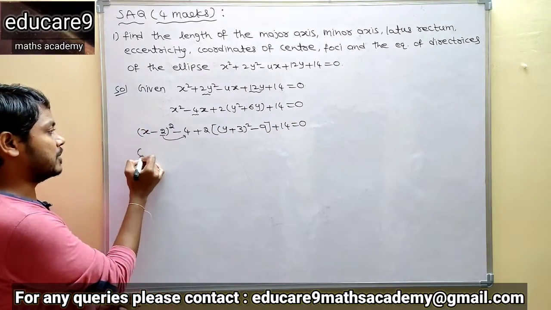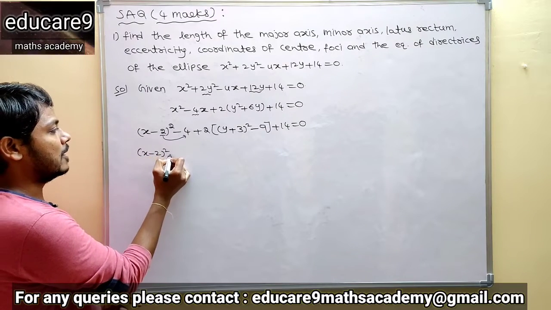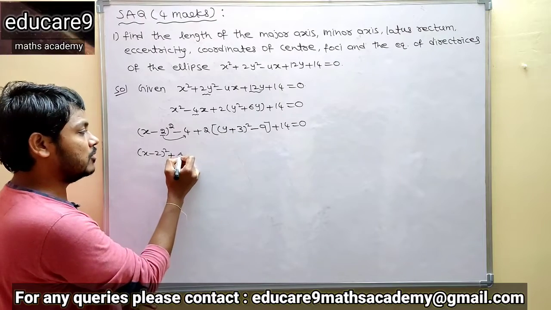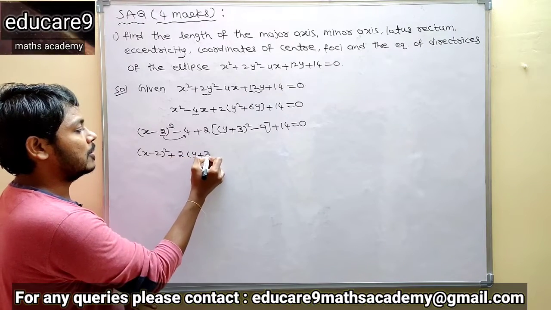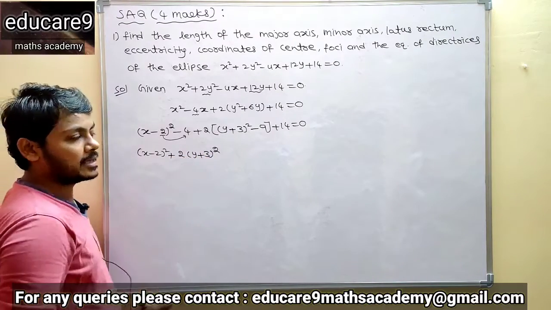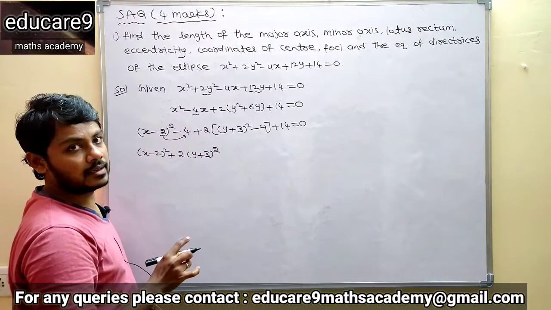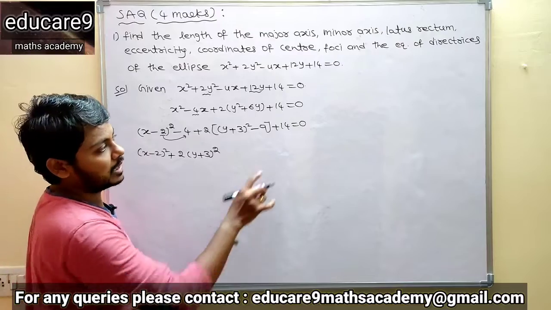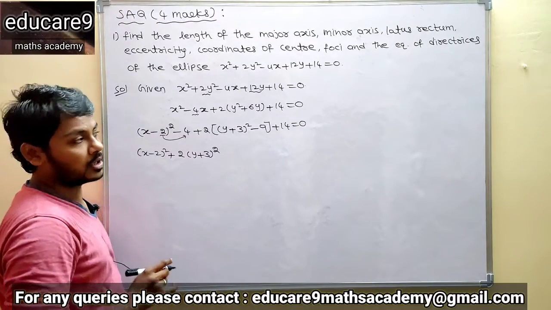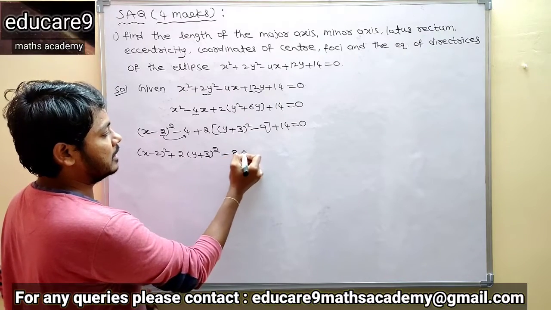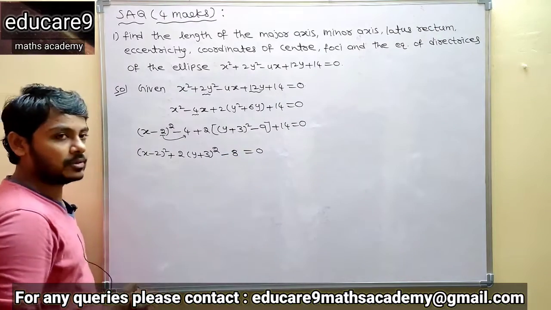Now this is (x minus 2) whole square, next plus 2 times (y plus 3) whole square. Next, see here, minus 4 minus 18 plus 14, that is minus 8. This is equal to 0.